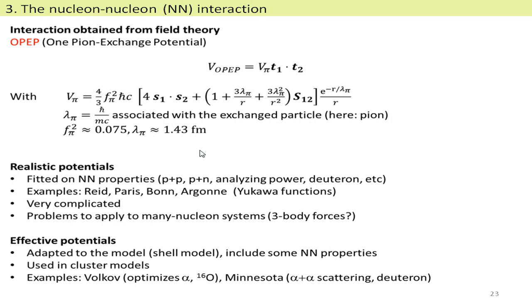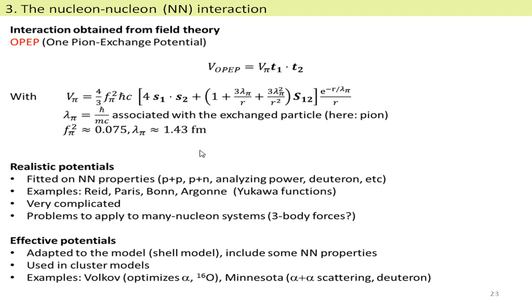This is what you get from this OPEP: at least the long-range part of this nucleon interaction is a Yukawa function. The typical length associated with the interaction is obtained from the pion mass, so h bar over mc, where m is the pion mass, and you get a value of about 1.4 Fermi, which is the typical range of the nucleon-nucleon interaction.